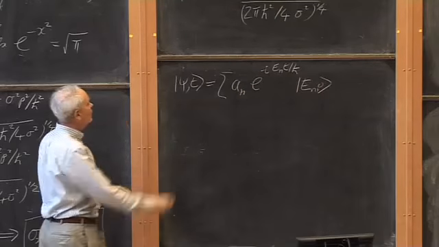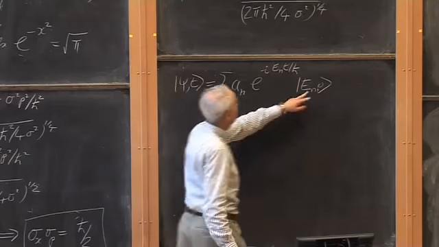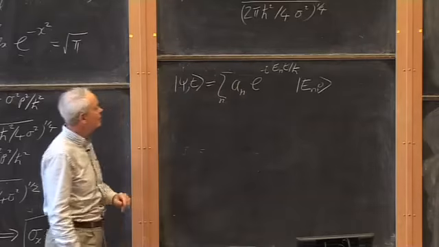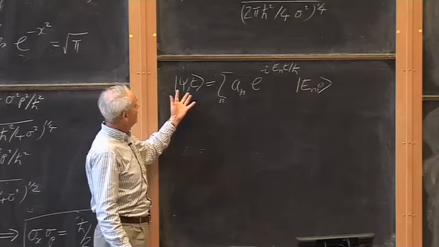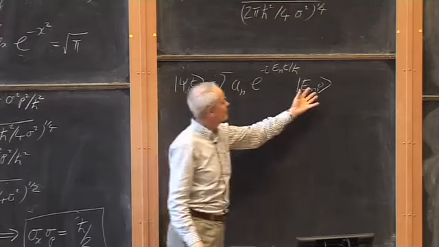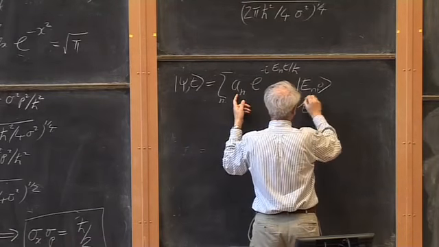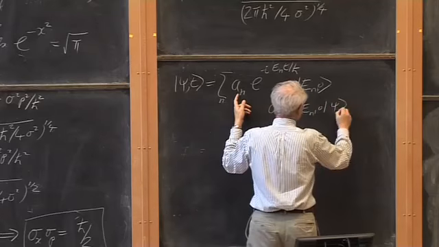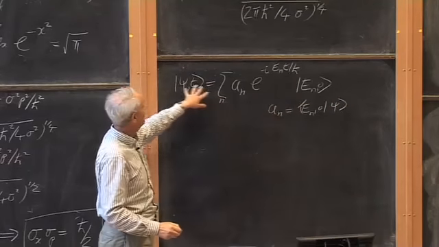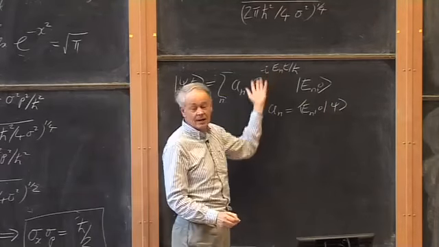Remember, this was why we were excited by the states of well-defined energy, the stationary states, and why they are so important: they enable us to evolve in time a system where a_n is equal to the amplitude of E_n at naught of psi. These set the initial condition for the calculation, and the time evolution is given by these exponentials.